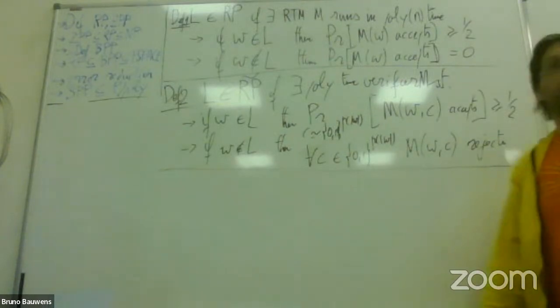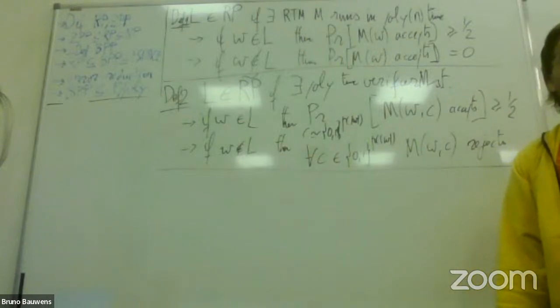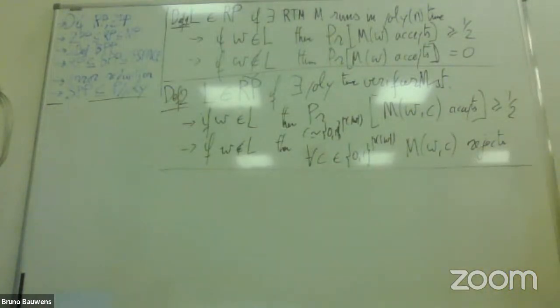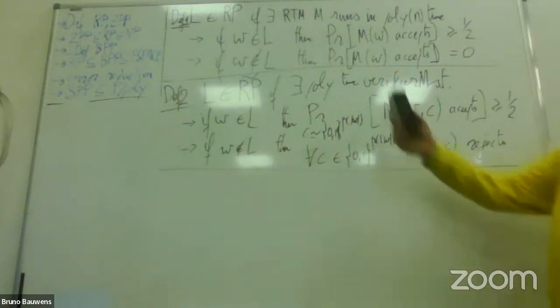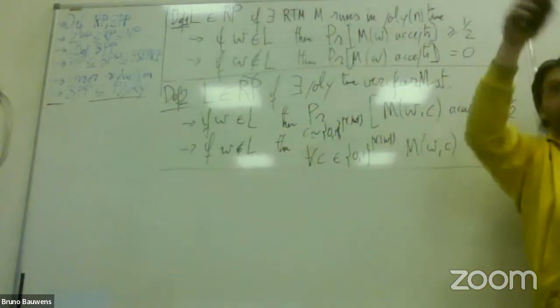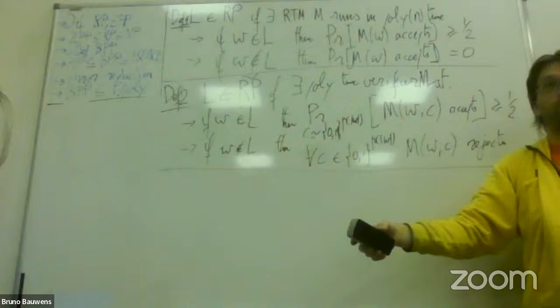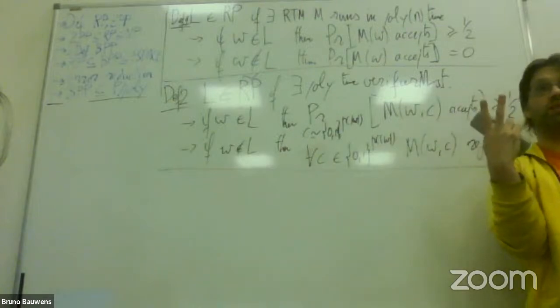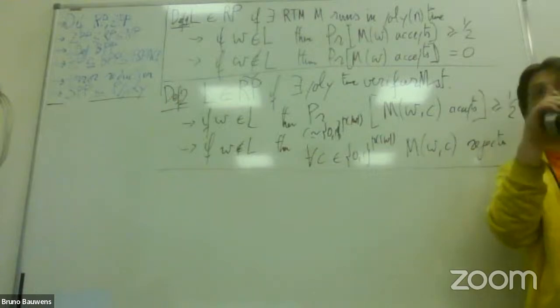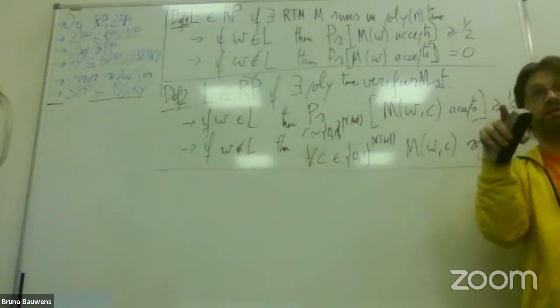Can you explain why the mistake appears here? Yeah, so what happens here? If we fix W, we have a computation tree, like in the problem NP. The machine has two transition tables, and it randomly chooses one of the tables to make the next computation step.